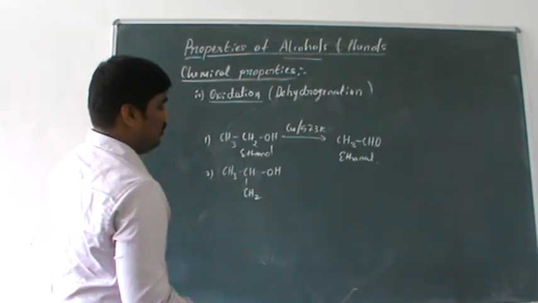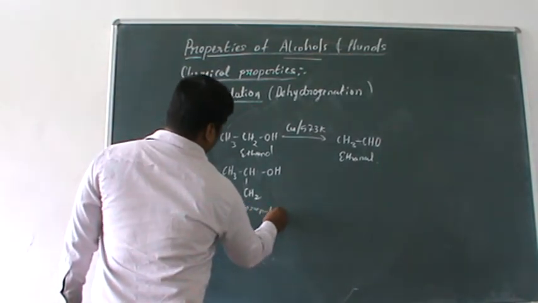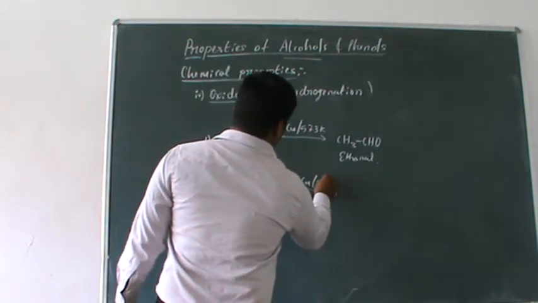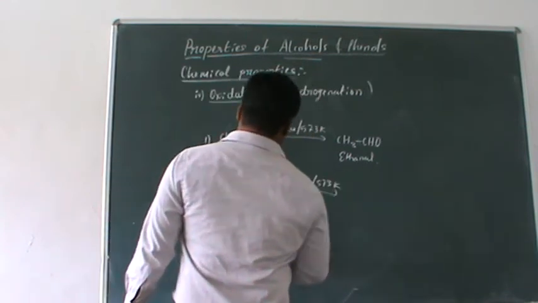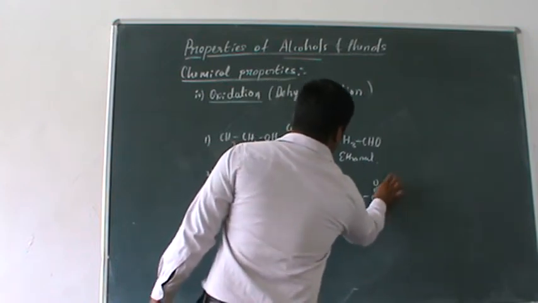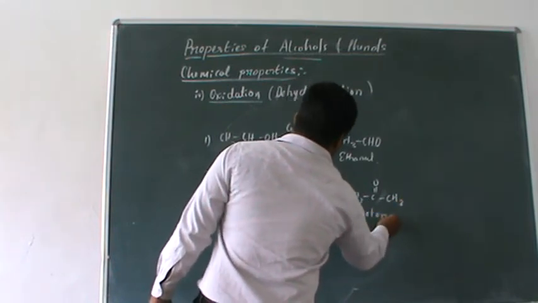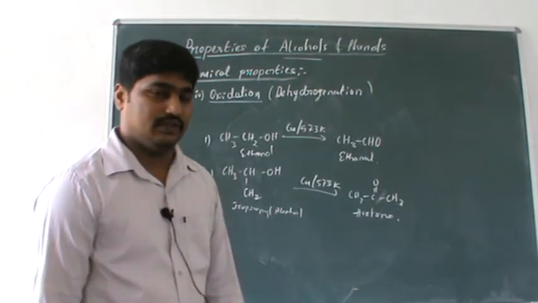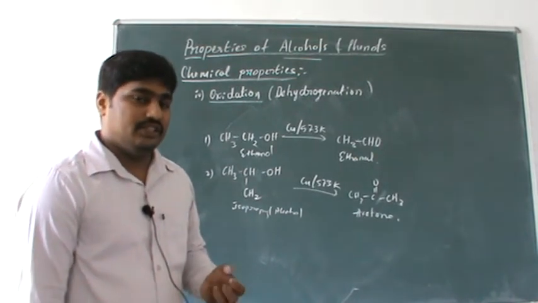In the second case, what is the name? Isopropyl alcohol. In case of copper at 573 Kelvin, it produces acetone, CH3 CO CH3. It is another example of oxidation. Please remember all these things, as confusion arises during the exam.